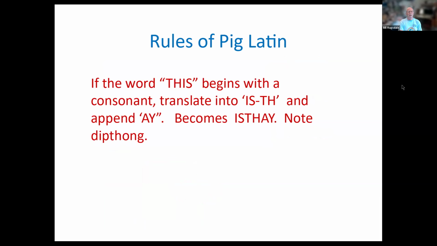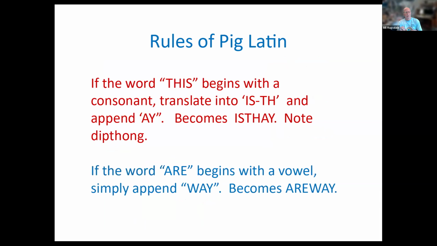If the word begins with a vowel, you just simply append way, W-A-Y. So R becomes our way. So with this, in a matter of 20 minutes or so, with a little bit of practice, you can learn to speak Pig Latin. If you say, how do I translate Pig Latin into Pig Latin? It's Igpe Atenle. Igpe Atenle.